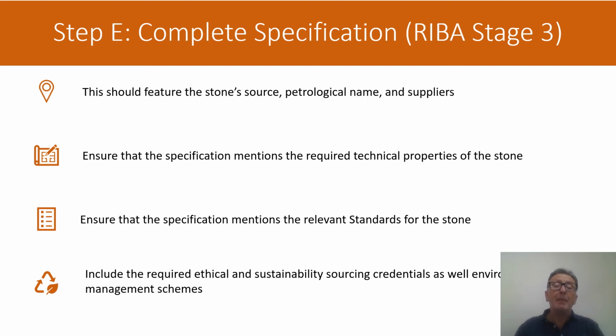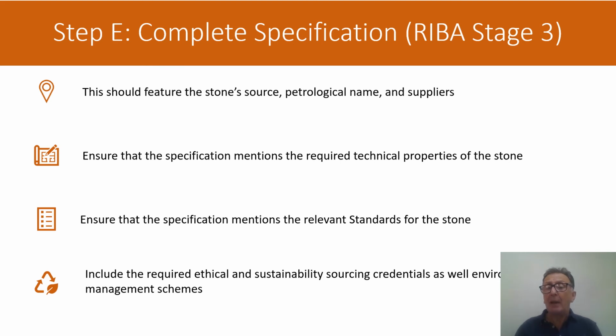We would also recommend that you include the required ethical and sustainability sourcing credentials for the stone, as well as any other environmental and organisational management schemes that you require to help improve quality on the stone project itself. Writing a tight specification ensures that you minimise the opportunity for a lesser material to be introduced to the project.